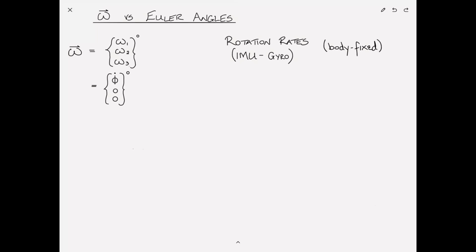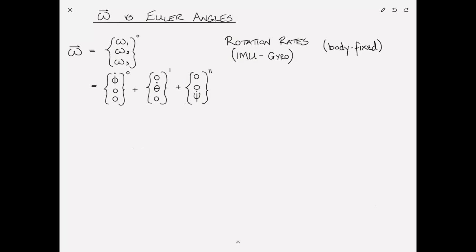Once I've rotated it by phi, then the theta coordinate system is actually about the number 1 axis. In this case, the x2 axis, but in the primed coordinate system. That's what I mean by the number 1 axis. Not the x1 axis, it's the x2 axis, but the once rotated x2 axis. And then similarly, psi dot is rotated about the x3 axis, but in the double prime configuration.